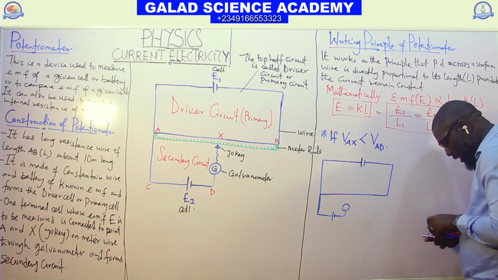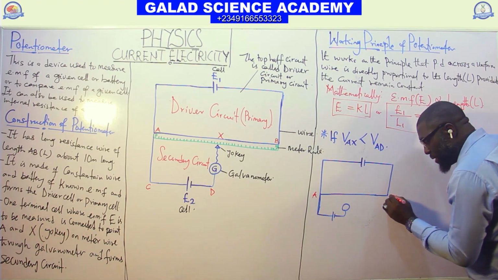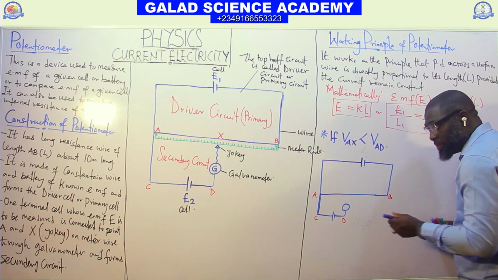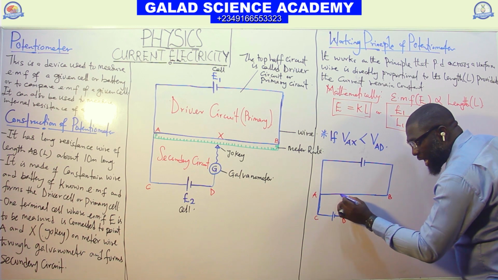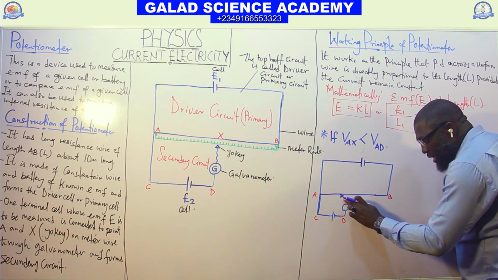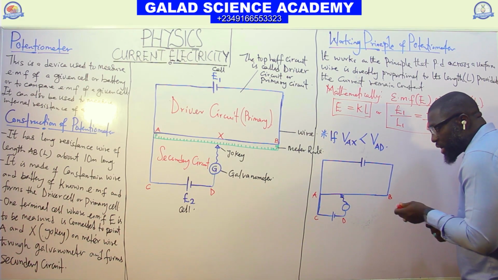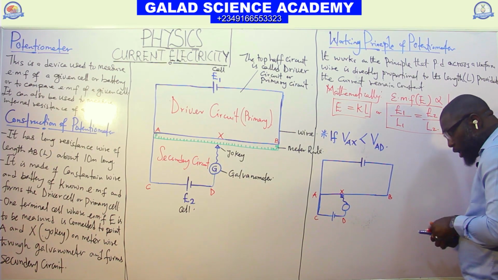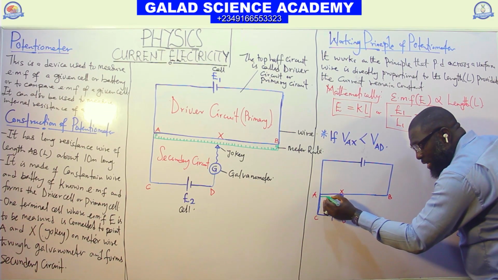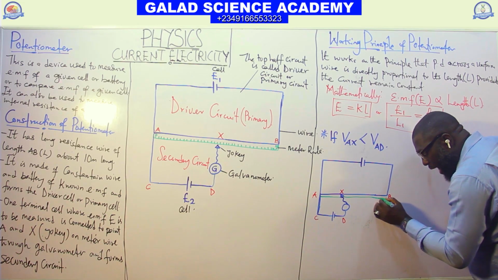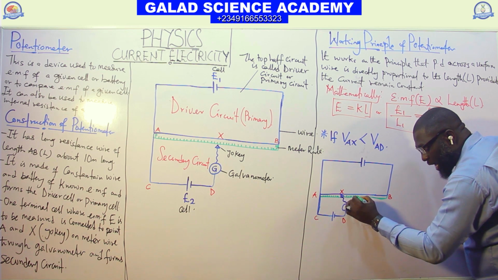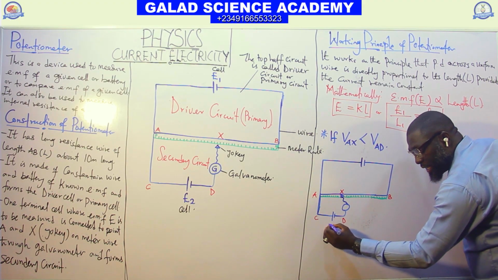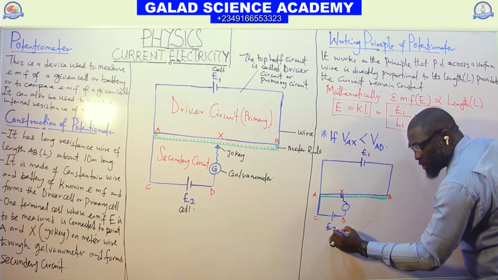Note that this length here is AB, and this place is CD. If I take my jockey to this point, the point where my jockey touches the calibrated meter rule is point X. This is E1, the EMF of the second cell.